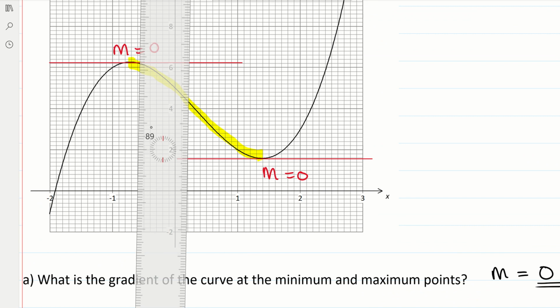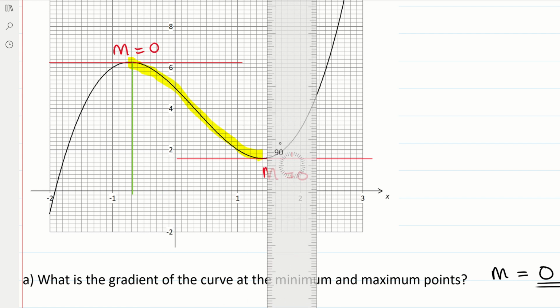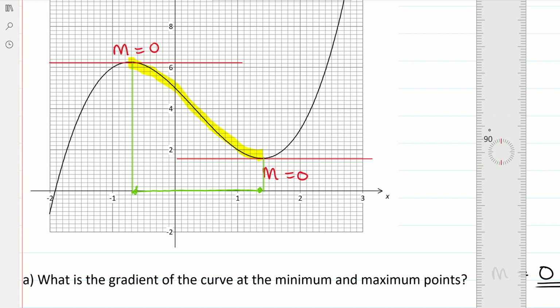So if we take it from here, and to about there. All of these values of x give us a decreasing function.